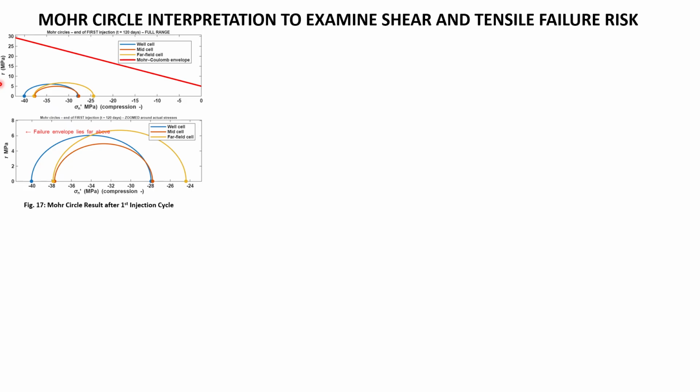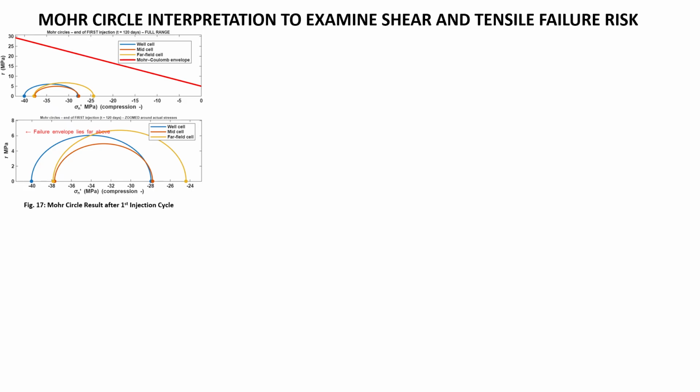The vertical axis plots shear stress tau, which is around 5 to 6 megapascal depending on the stage. The radius of each circle represents the deviatoric or shear loading at the time.